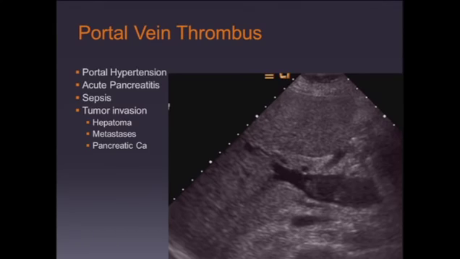Portal vein thrombus. Portal vein thrombus occurs in the setting of portal hypertension due to the slow flow in the portal vein and stagnancy. You can also see portal vein thrombus in acute pancreatitis, in abdominal sepsis, and in tumor invasion from hepatoma, metastases, or pancreatic cancer.